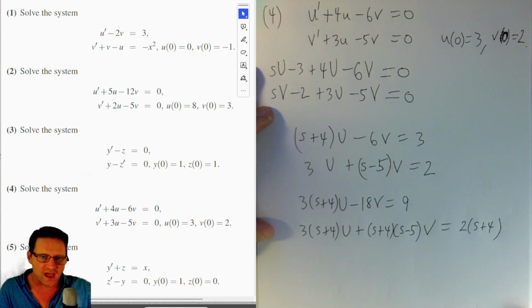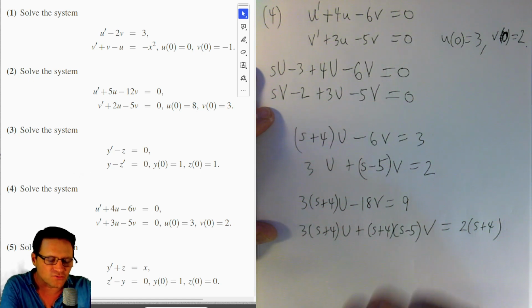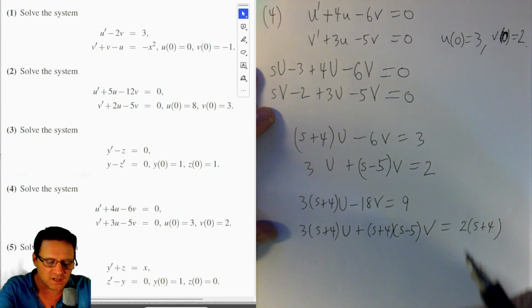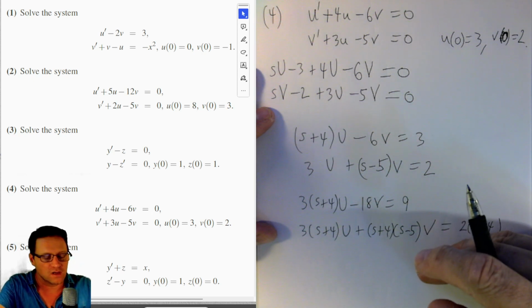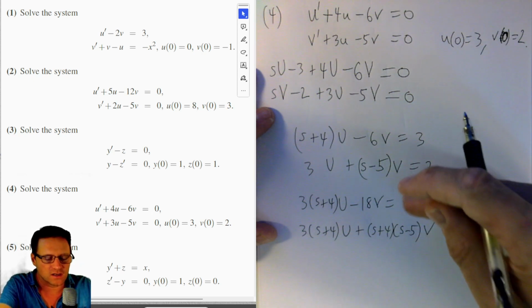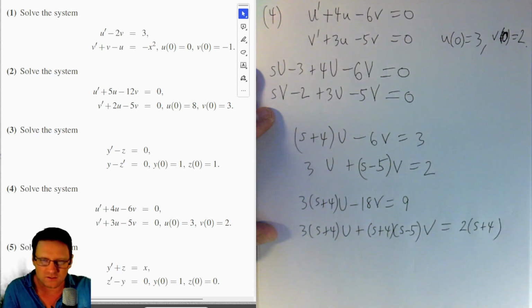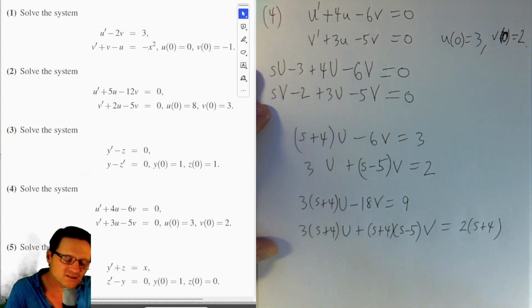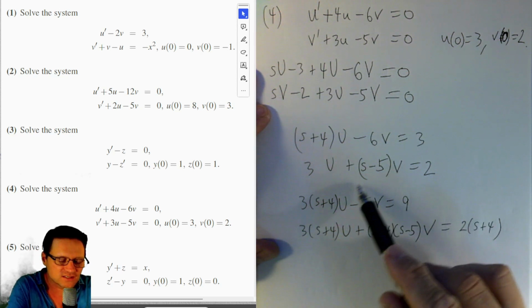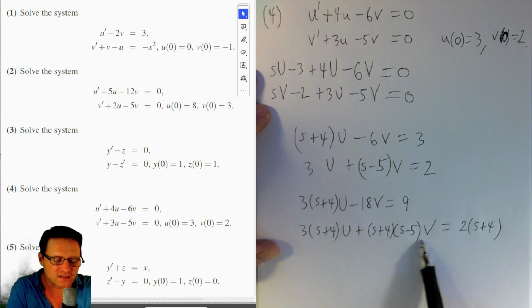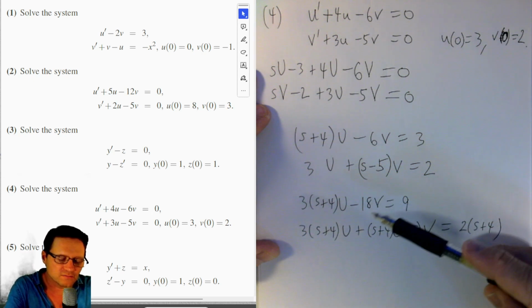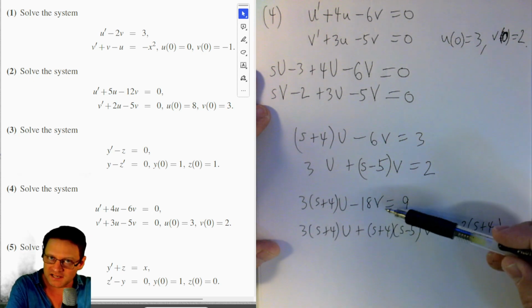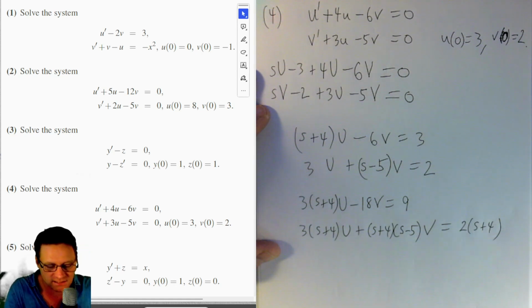All right, so now we want to subtract equation 1 from equation 2. That looks better to me. All right, so let's do that. Now, when we do that, these vanish. We want to expand this, and then we'll be subtracting minus 18, which is plus 18V.